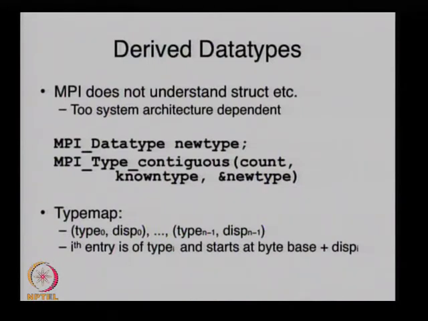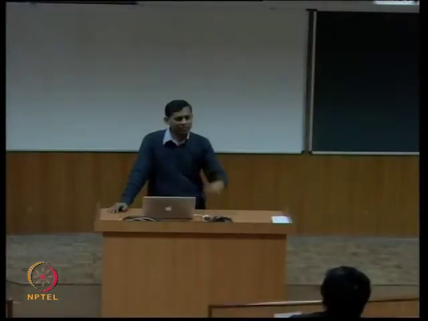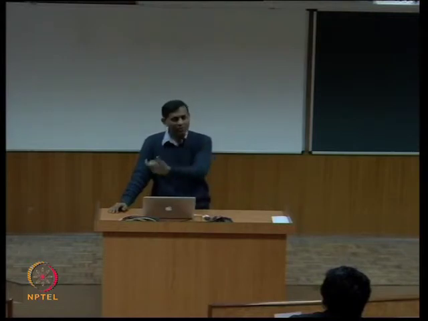I'm not going to go through the details of all of it, but essentially, in the beginning, for every struct that you may want to send, you create a data type, give it a name, provide how that struct is arranged, and later on simply call that derived data type name in your send function calls. Okay.